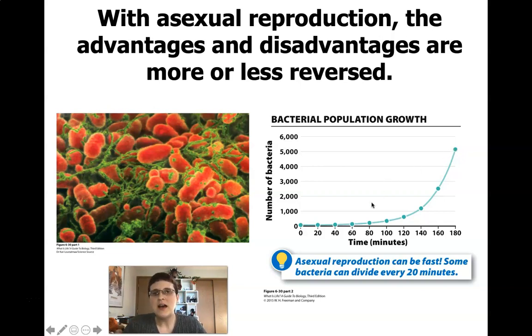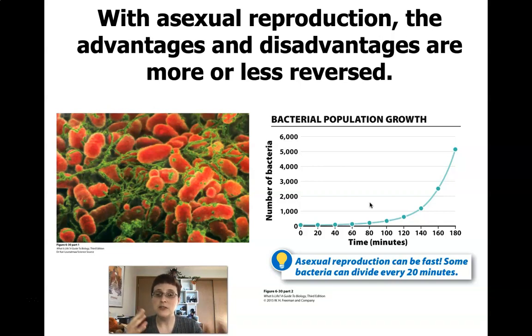The downside to asexual reproduction is you're making copies of yourself. And so while that works really well when the environment is perfect, if the environment is changing, it doesn't work so well, right? Because you're just basically making copies of yourself over and over and over again.